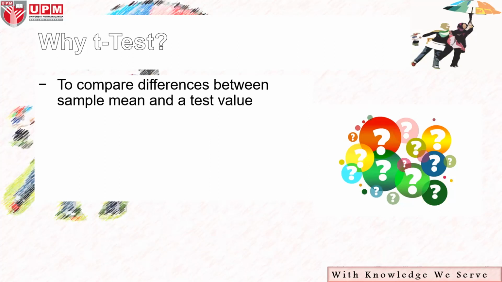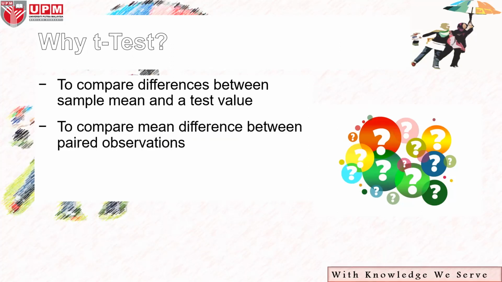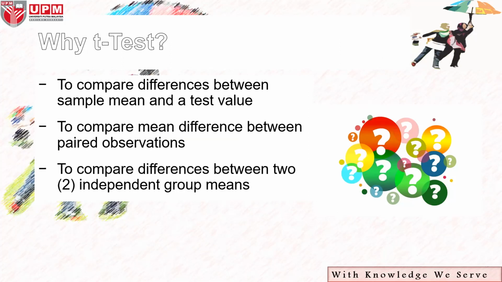Don't report just 'different'. Different in what? Mean. We want to compare mean difference between paired observations, and we want to compare differences between 2 independent group means. So there are 3 reasons why we use t-test. Basically, we want to compare means in 2 groups.